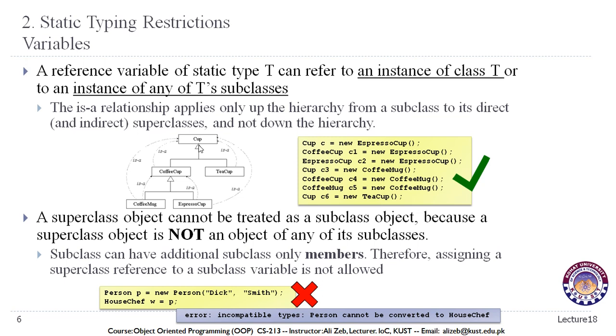We talked about the compatibility of objects in detail when we were discussing the instanceof operator. So if we try to assign an object of the superclass to an object of the subclass, we will get a compilation error.